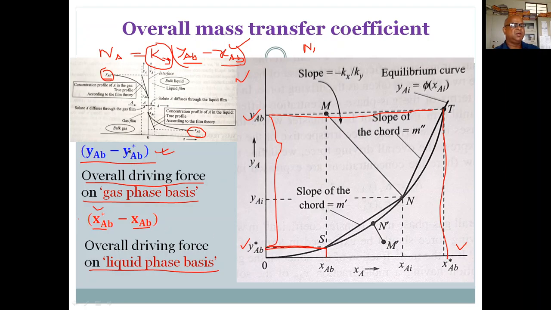So this is the equilibrium concentration, and in this case the overall driving force is this. So here I am converting the driving force either on a gas phase basis or on a liquid phase basis with the corresponding equilibrium relation.